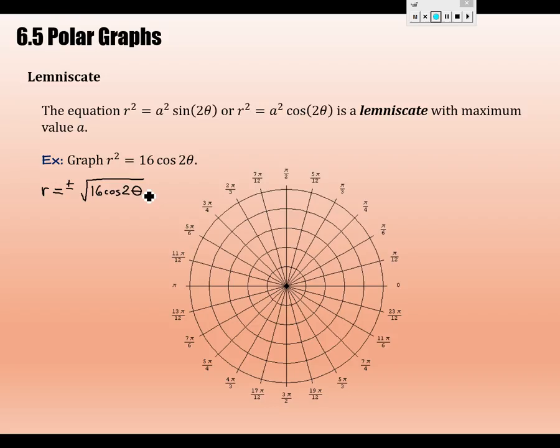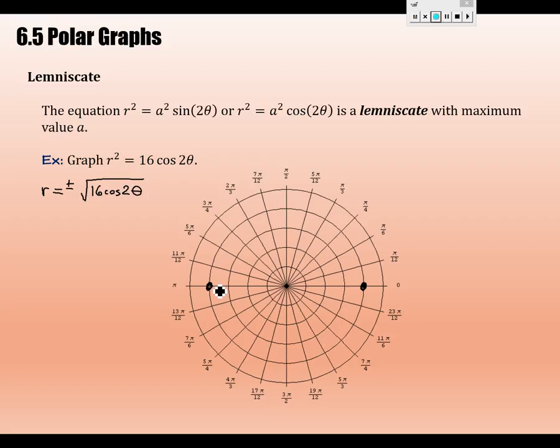What happens when theta is 0? Yeah, did you get 4? When theta is 0, we also have 2 things that when squared could give us 16, right? Either negative or positive 4 would work to solve that equation.